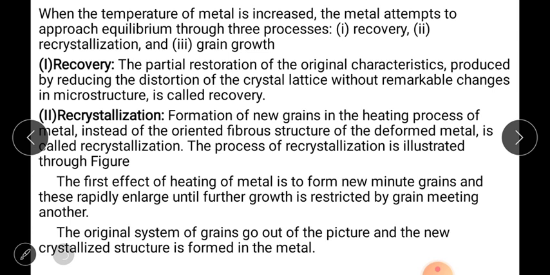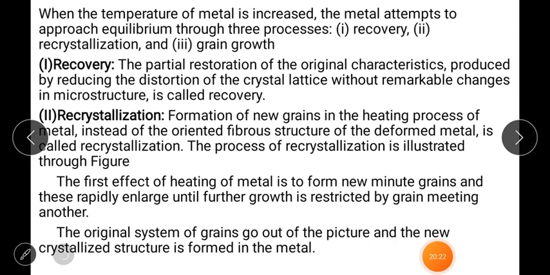So the microstructure that forms after solidification will show some original characteristics of the crystal lattice shown by the parent metal, and that is nothing but the recovery.